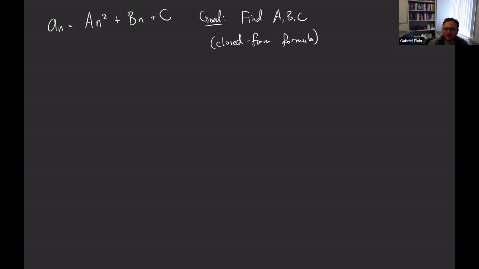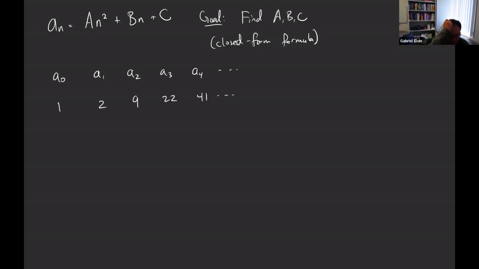The book uses slightly different terminology, but it means the same thing. Let's line these up: a sub 0, a sub 1, a sub 2, a sub 3, a sub 4. The sequence was 1, 2, 9, 22, 41.